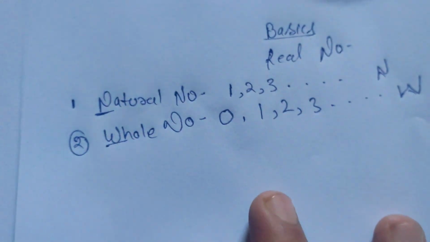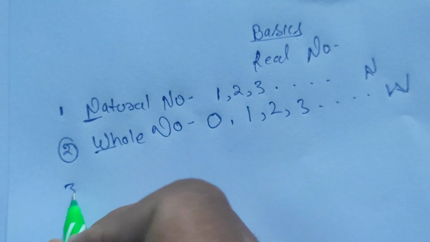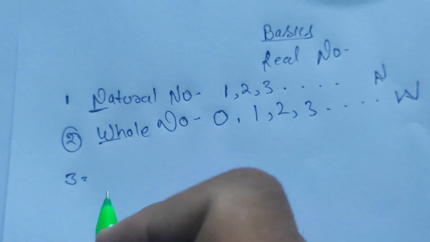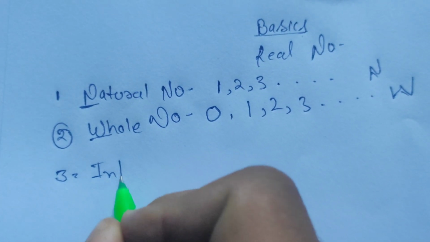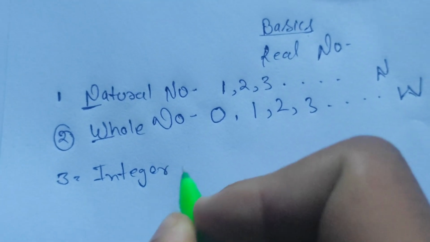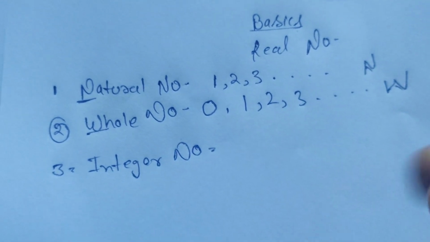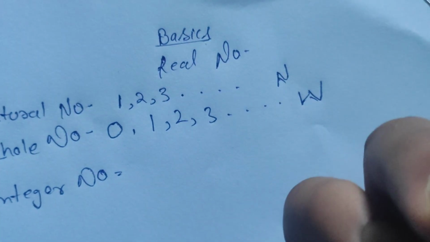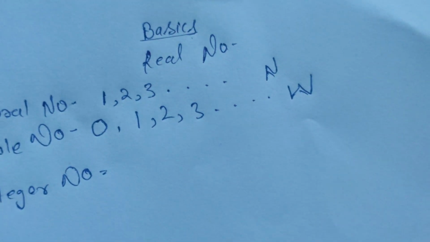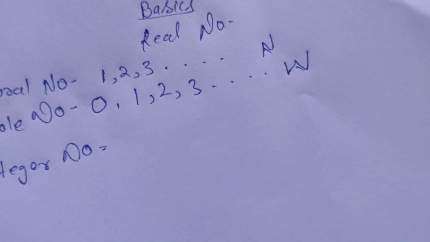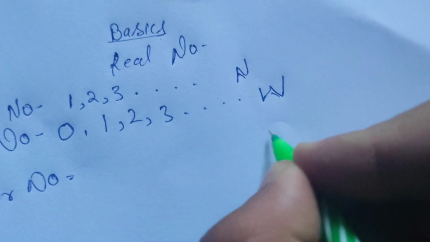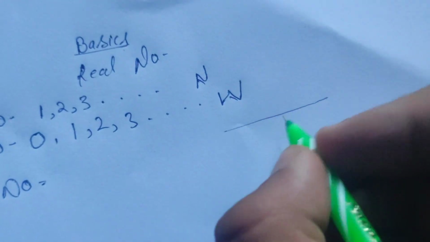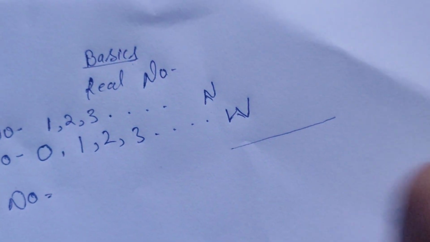Third is integers. We know about natural numbers and whole numbers. Consider the number line, the line that shows numbers in a line.